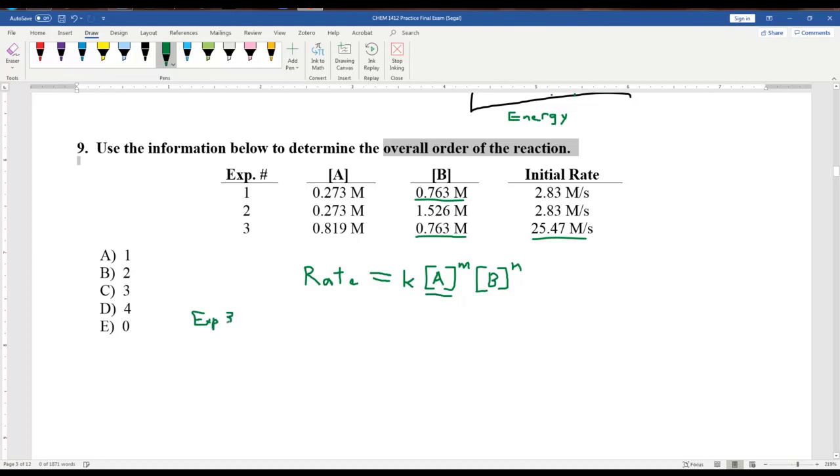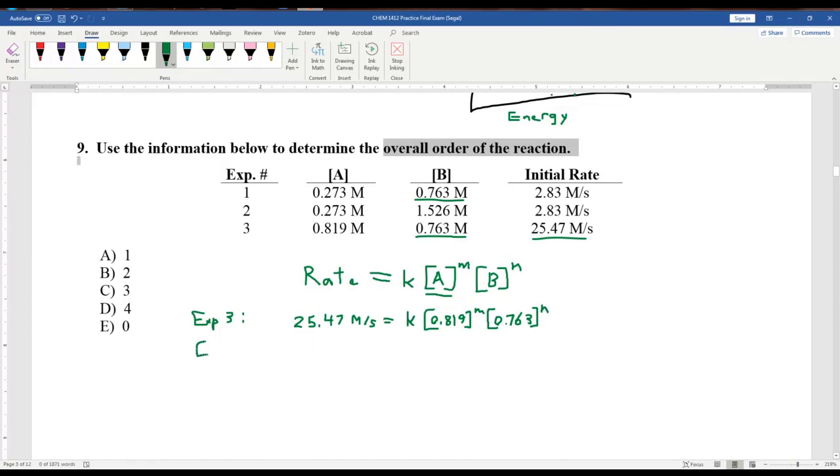I'm going to write two rate expressions. For experiment 3, the rate is 25.47 molarity per second, and that's equal to k times the concentration of A, which is 0.819, to the m, times the concentration of B, which is 0.763, to the n.